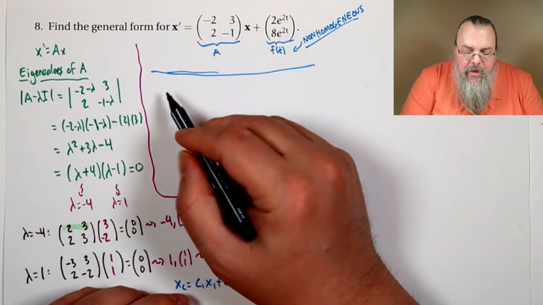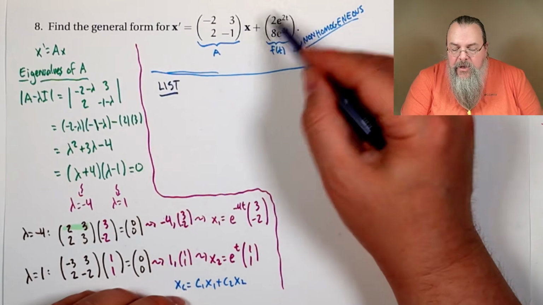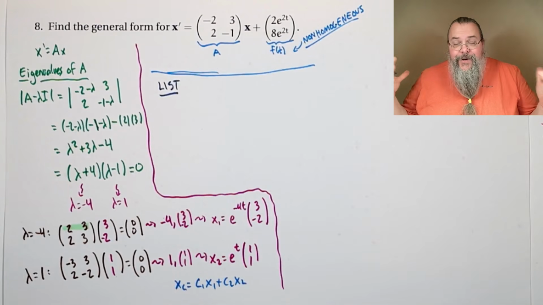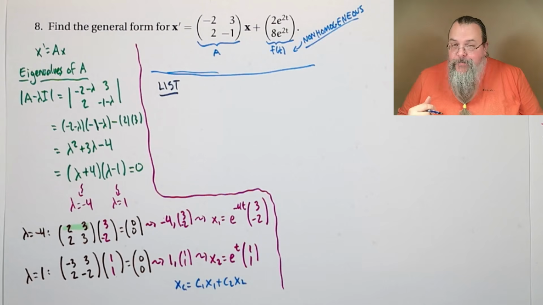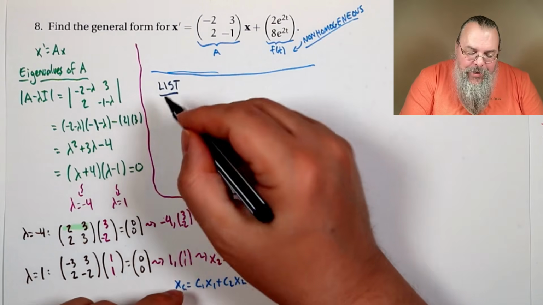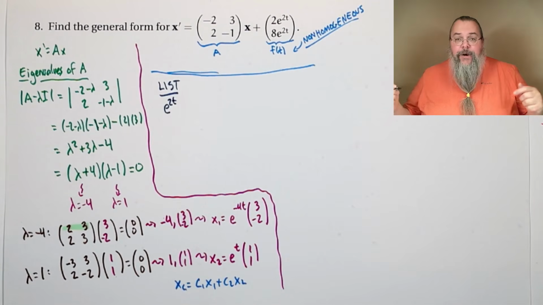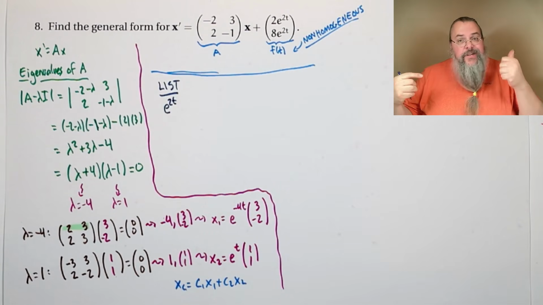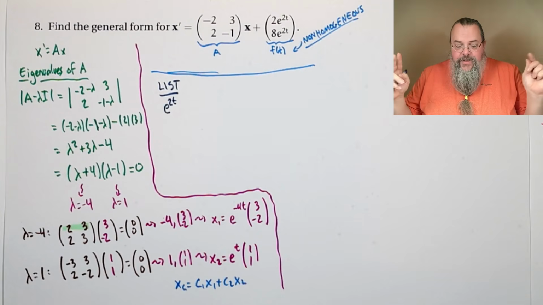So we say, okay, let's make a list. And we look at our f of t and say, what are all the functions that are showing up in our f of t? That's just one. One function showing up, which is e to the 2t. Now, we check. Sines and cosines come in pairs. Good. If I have any powers of t in front, I don't, so that's good.